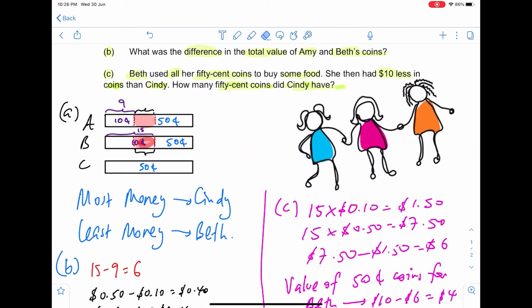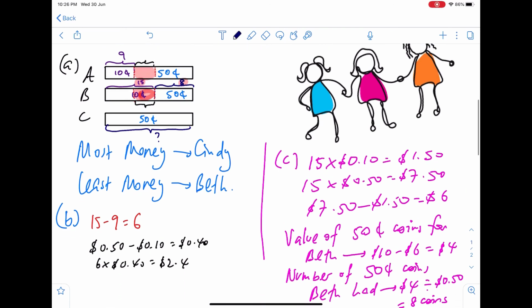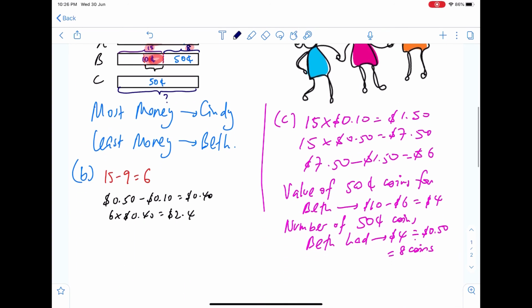Which is this particular section right here at the bottom. This is a question mark. We know that this side here, there will be 8. So when we take 8 plus 15, we get the total number of coins that each of them will have, which is also the same for Cindy. So 15 plus 8, the answer is 23 coins.